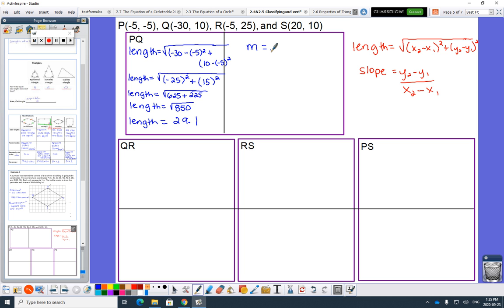So now we have slope. So this maybe is where you might want to label.